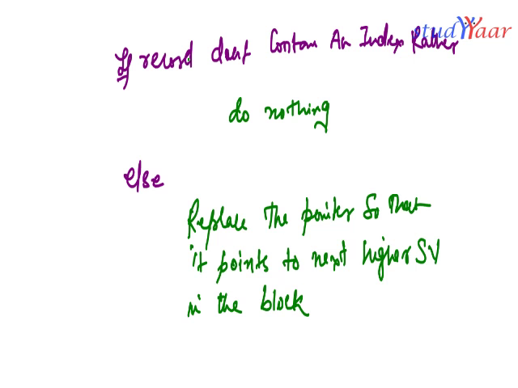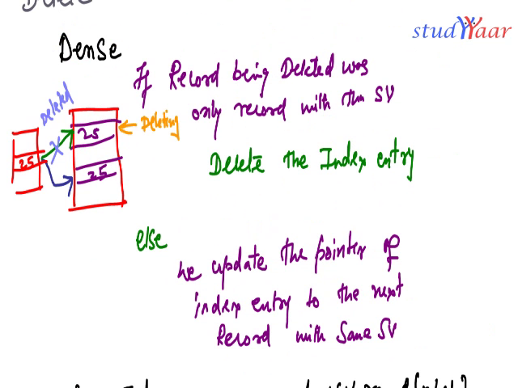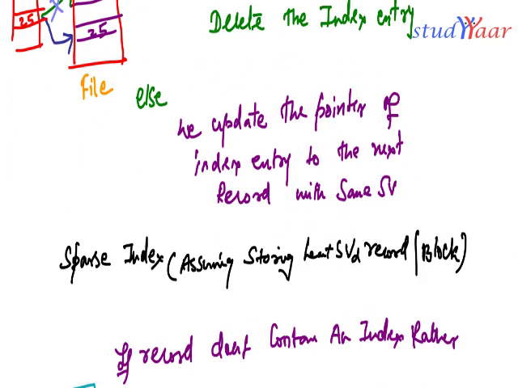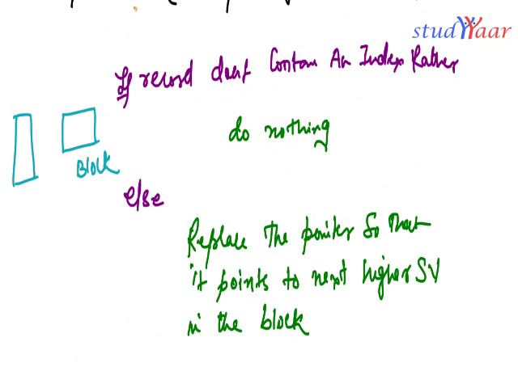We will just see in a diagram what is happening. Let's suppose this is my block. This was the file, and this is the index.